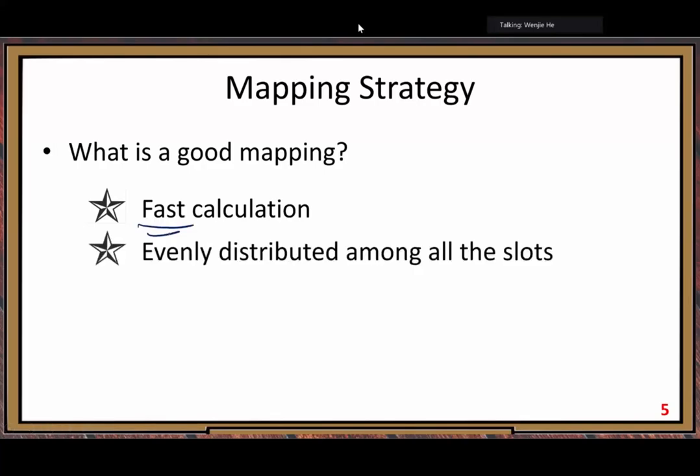All right. Evenly distributed among all the slots. This requirement is important for the efficiency, but not easy to achieve. Evenly distribute among all the slots. Because after the mapping, you get location numbers, and you need to arrange your data there.